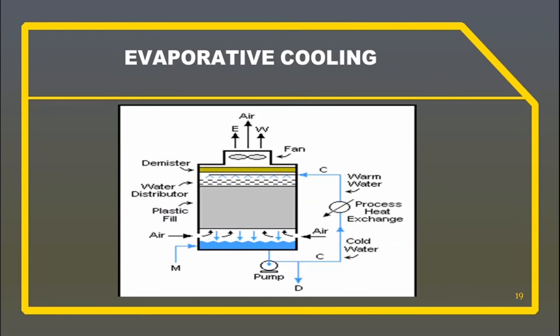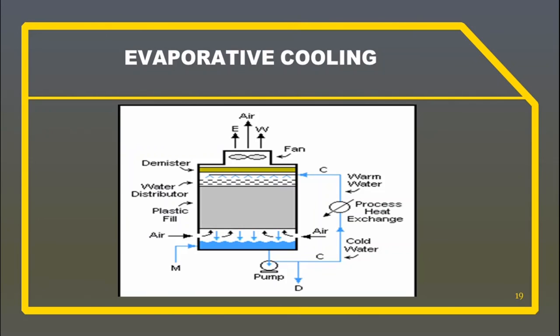To understand the concept of cooling towers, we need to understand the process of evaporative cooling. The water is being sprayed out of all these nozzles. It is sprayed over a very large cross-sectional area, and it slowly drips through the fill. A lot of water comes into contact with air.